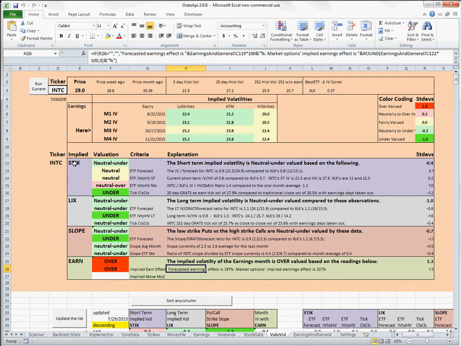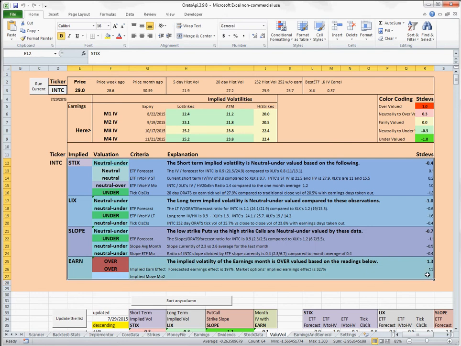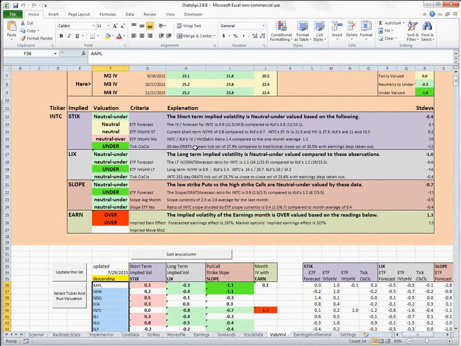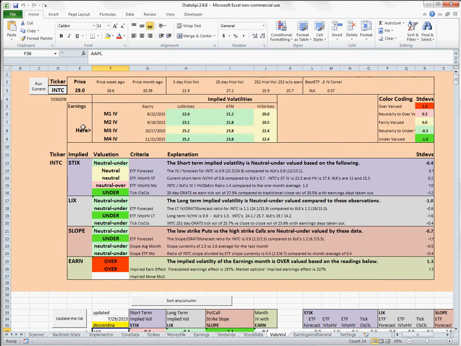So that tells you how we determine the valuations for the table based on the four valuations of the slope, earnings, and short-term and long-term volatility. What you can also do is input a stock list here, and these correspond to the readings in the actual individual value vol.